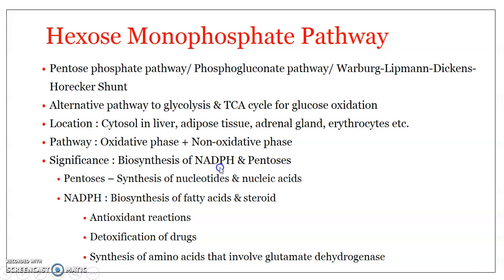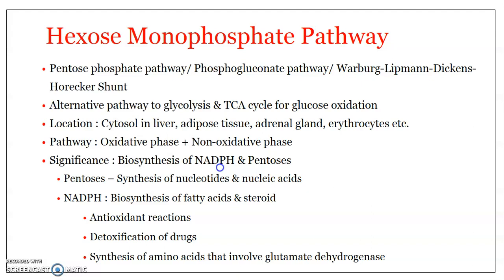NADH, ATP, FADH2, etc. are produced in various glucose oxidation pathways, but NADPH is produced only in the hexose monophosphate pathway. The HMP pathway operates in the cytoplasm and supplements the glycolytic pathway, and nearly 10% of the glucose entering the biological system enters the HMP pathway.